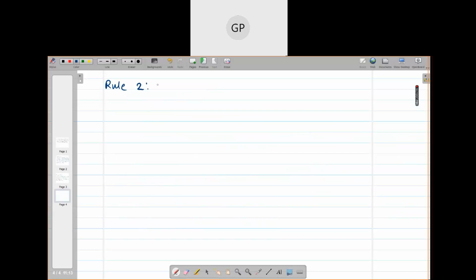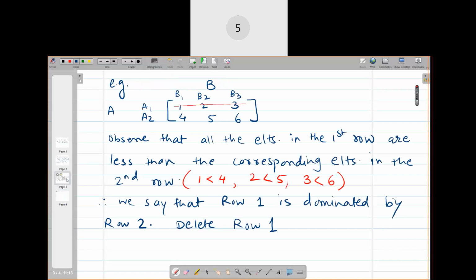Column-wise we will see which column is dominated. Now tell me what player B is interested in. Player B क्या करना चाहता है? Minimizing his loss, right? So here if you observe, which strategies will he go for?